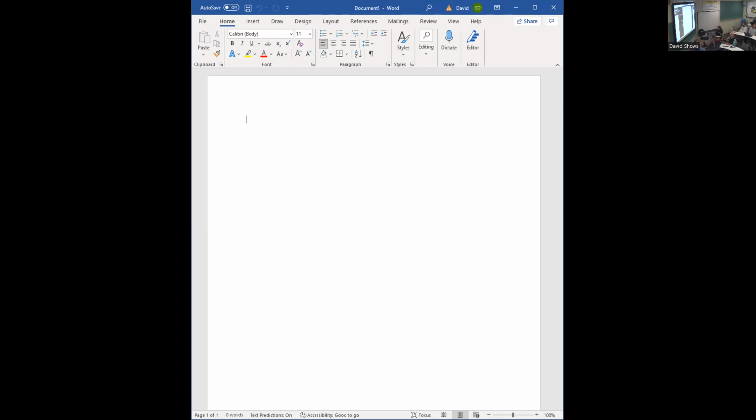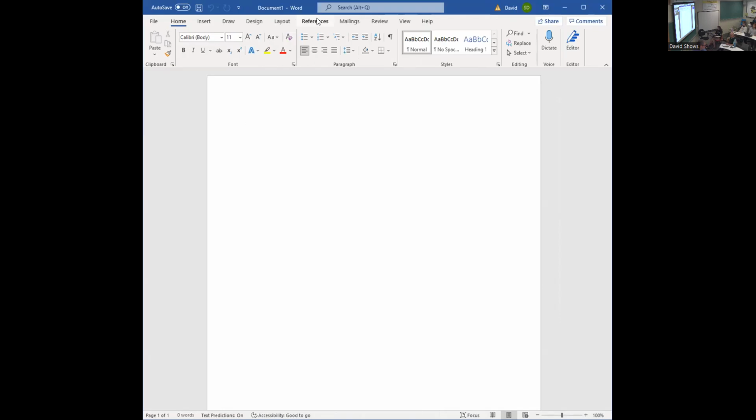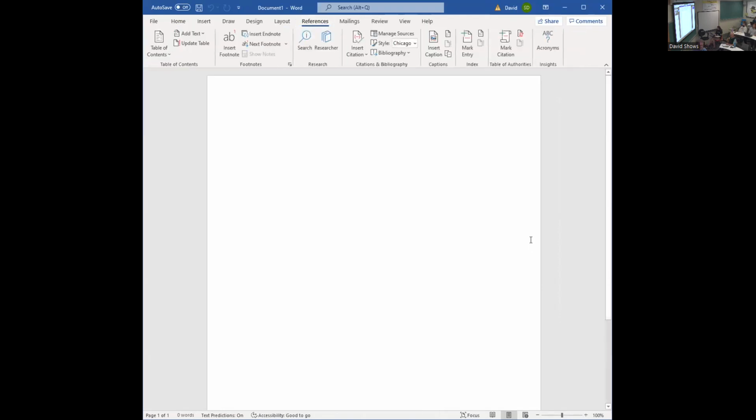So when you go into Word, there's this thing at the top that says References. I want you to click on that. And if you notice this middle part where it says Managed Sources, the style Chicago, I've got a couple of journal sources that I want to use.